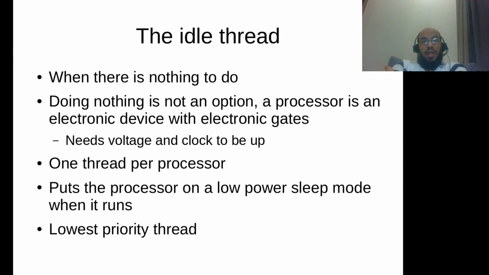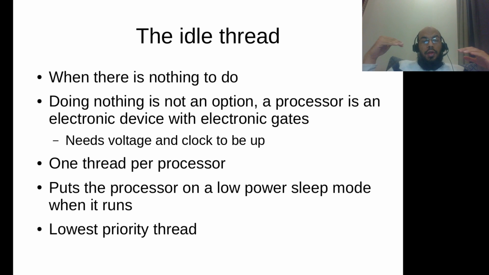Then the idle thread is the lowest priority thread that you can ever have, because you do not want the idle thread to be scheduled every now and then. If the processor has 1,000 other actual threads to run, why should it go and run an idle thread that does nothing, right?